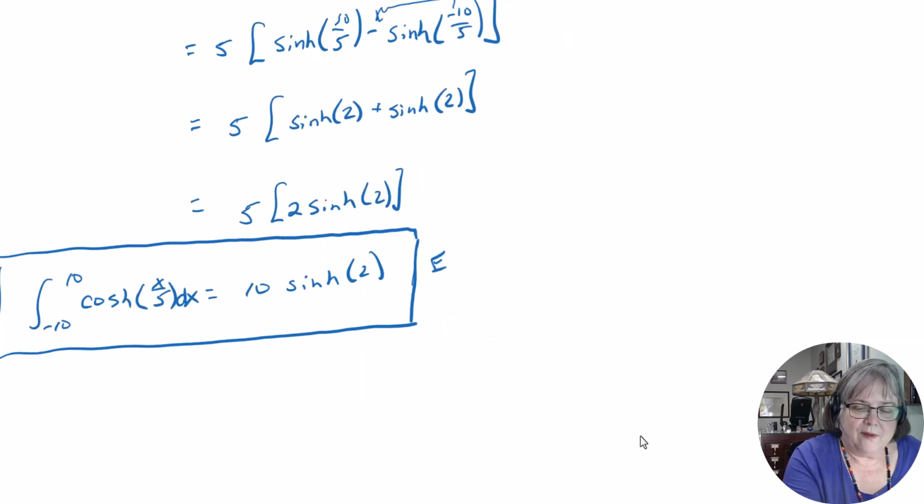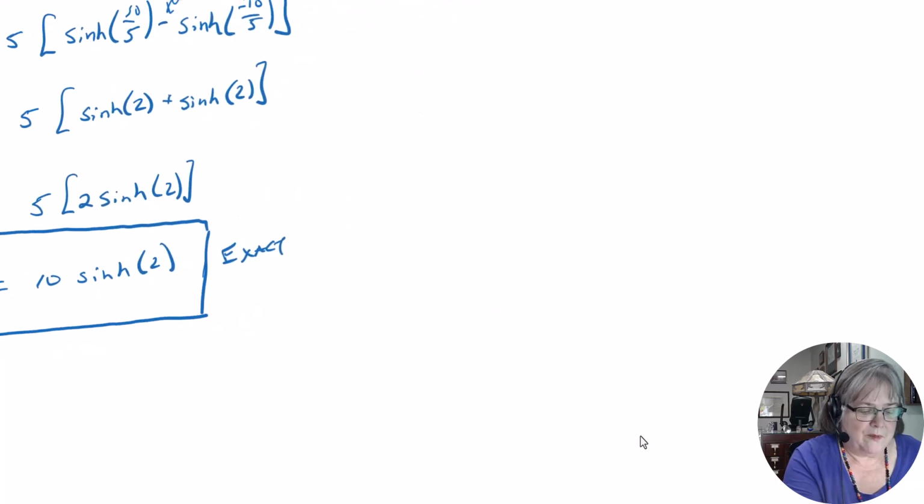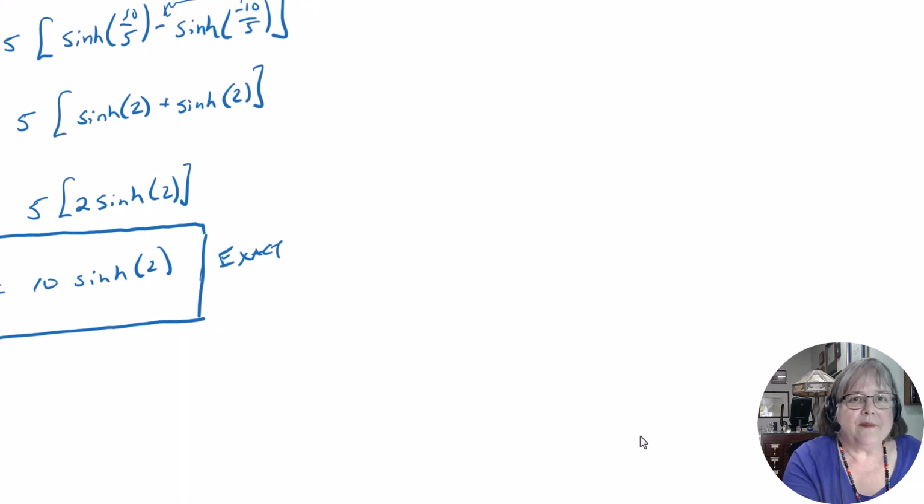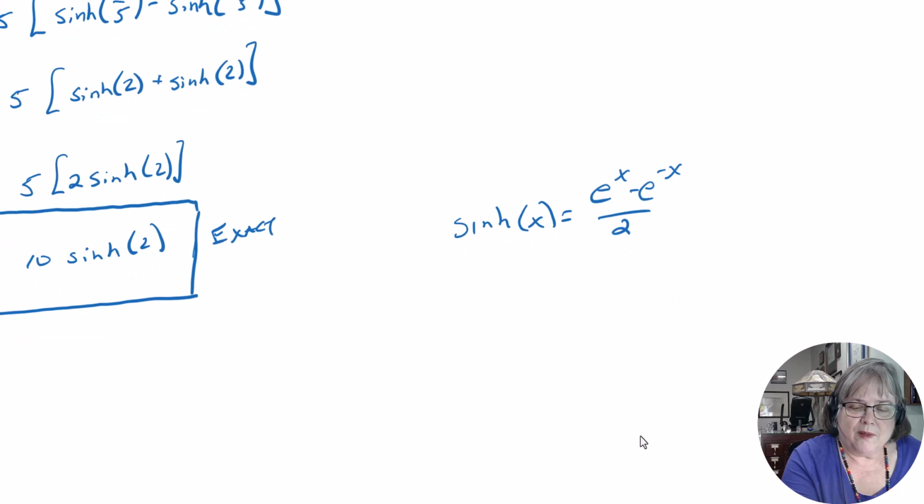But if your teacher or whatever you're doing your homework with wants you to approximate it, the hyperbolic sine is also represented like this. So the hyperbolic sine of 2 would be e to the second minus e to the minus 2 over 2.